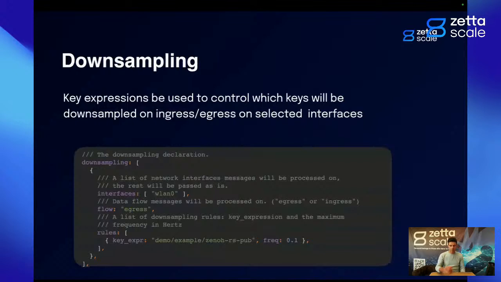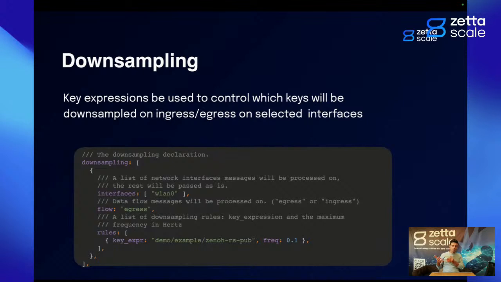Let's start with downsampling. So today, if you look at the default configuration, there is an example of downsampling. But in general, it is sufficient to add a downsampling declaration in which you define the interface on which you want to downsample, the flow. So is it data outgoing or going out of that interface, so egress, or is it ingress, so data incoming from this interface?